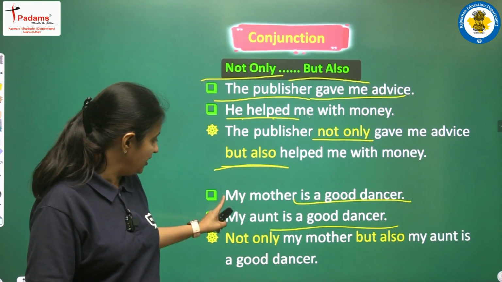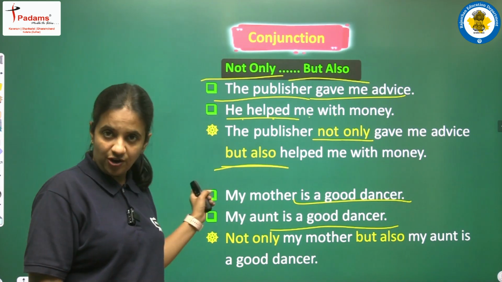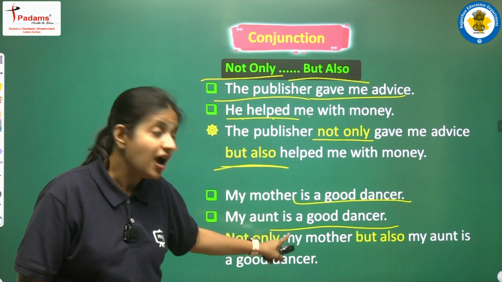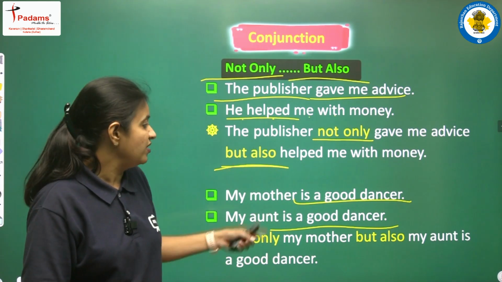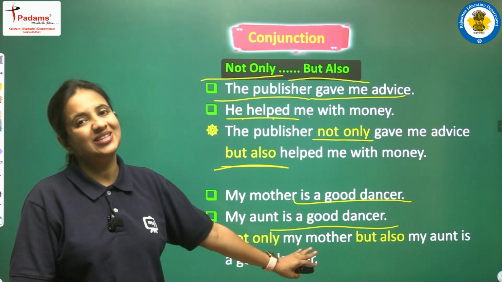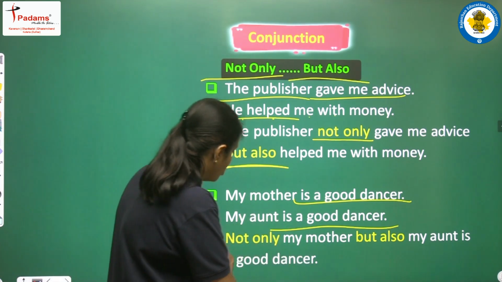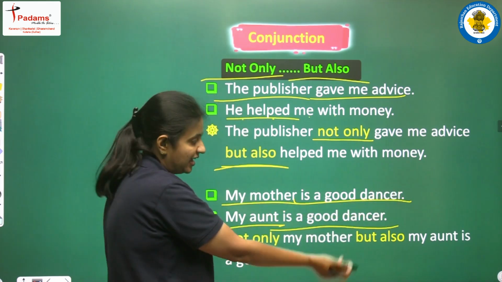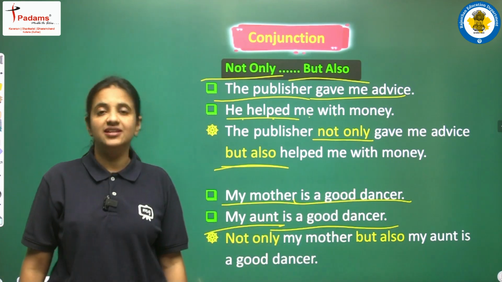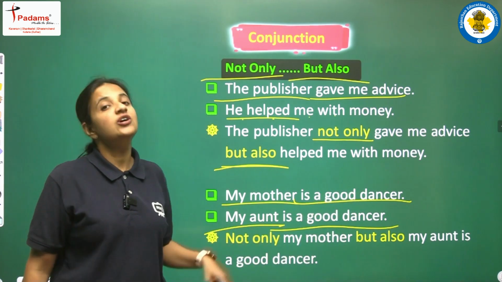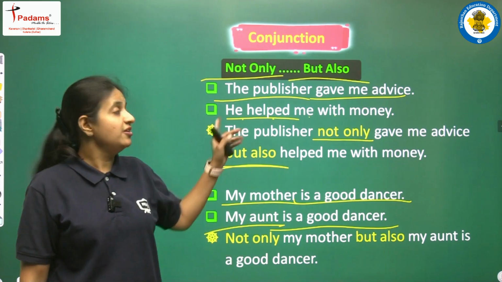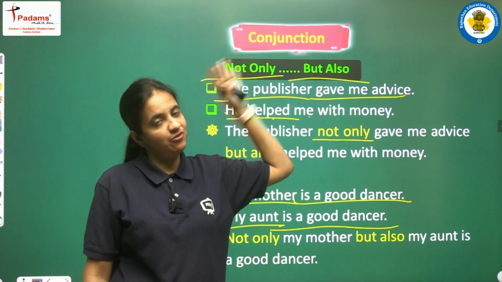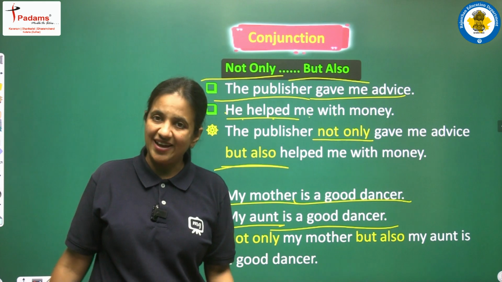In the beginning of the first subject we have to write "not only". So we write: not only my mother but also my aunt. And what are they? We have to write "is a good dancer". So the complete sentence will be: not only my mother but also my aunt is a good dancer, and the common thing appears only one time. So yes, with the help of "not only but also" we can connect the subjects, and if the subject is common, then we can connect the other actions performed by that subject, right?